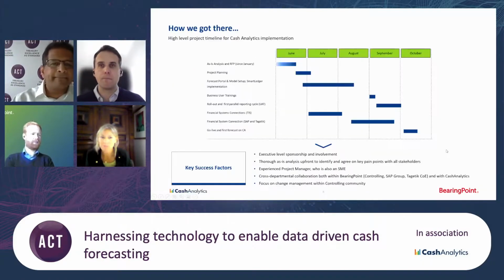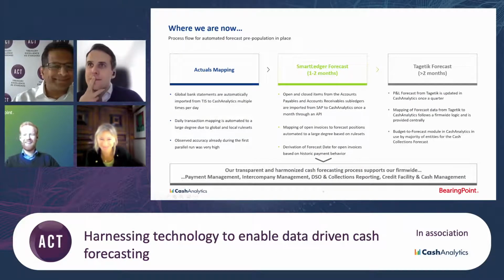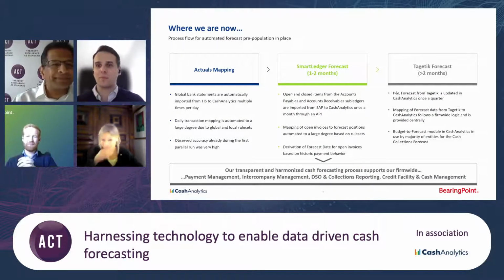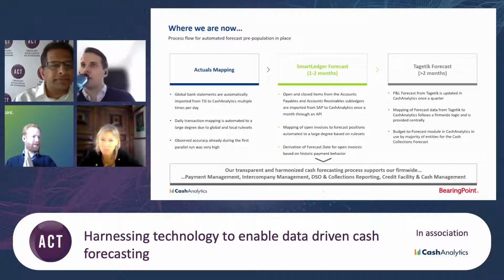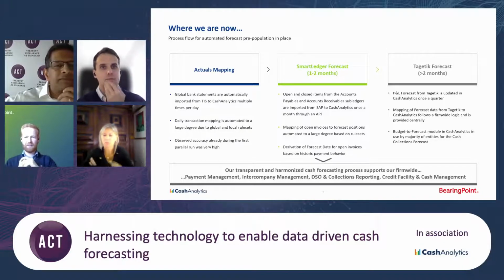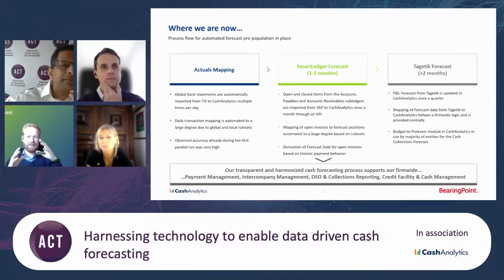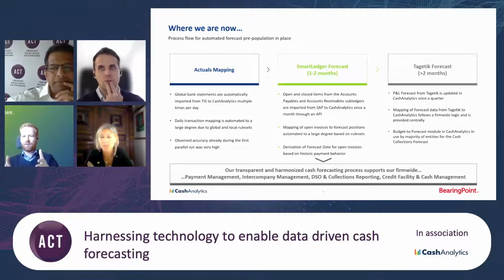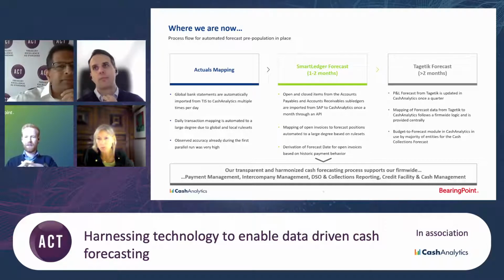So basically, when you look at the process now, and especially when you think back to the process as it was up until, let's say, October, we see that we reached quite a lot when it comes to automating the process, making it more transparent, making it more harmonized, and this all ties together with getting the understanding of the local processes that now aren't local processes anymore, but are harmonized global processes that are executed locally.